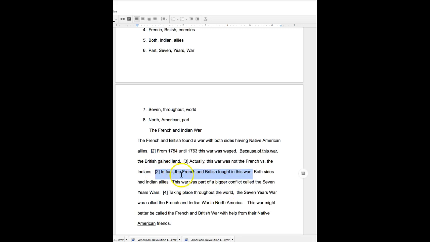In fact, this war was not the French and the Indians. Well, we like that number 2. In fact, the British fought in this war. Oh, but then we look, both sides had Indian allies. That's a number 6, so maybe we'll let that be a number 6.